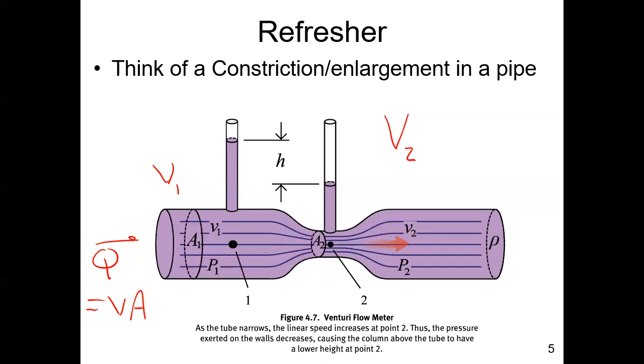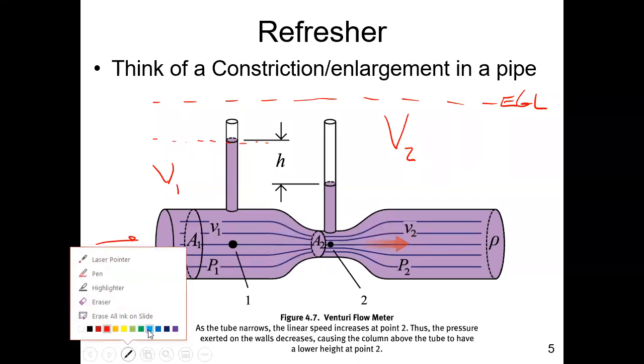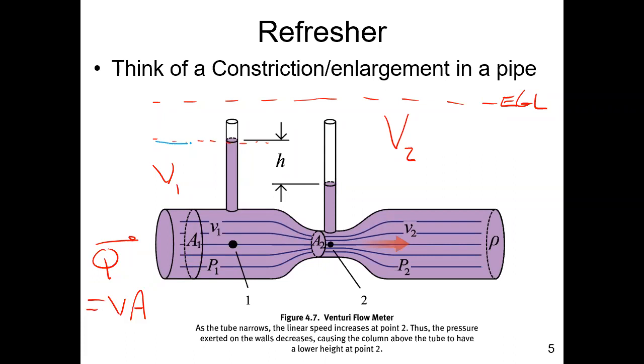At the same time, if we have an energy grade line here that's constant, with no energy losses, the piezometers are giving us the hydraulic grade line.